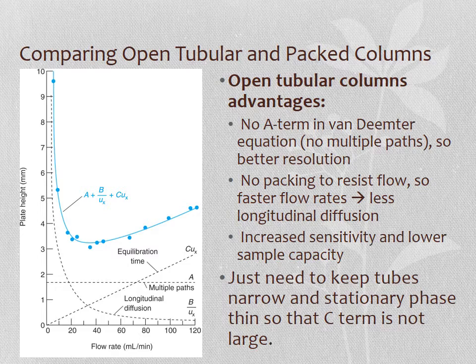So if you have a lot of analyte, you're going to have to cut it down. And so you just want to keep your injection narrow, and then once you've put stuff in a nice little thin packet, you're able to continue on and keep your stationary phase thin. That way the C term doesn't get too large with the equilibration time.